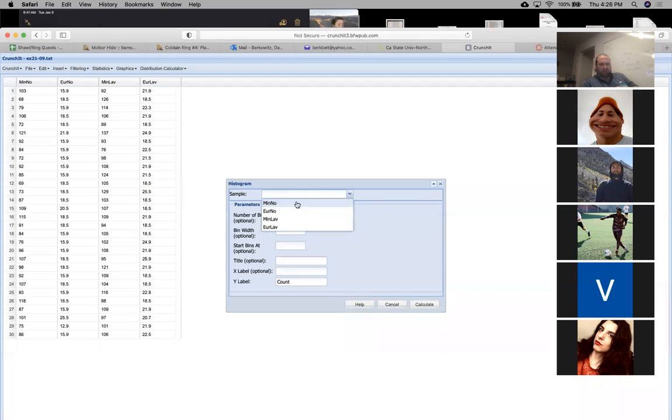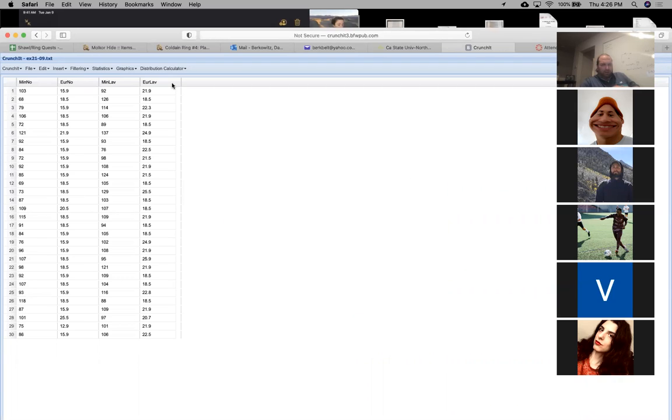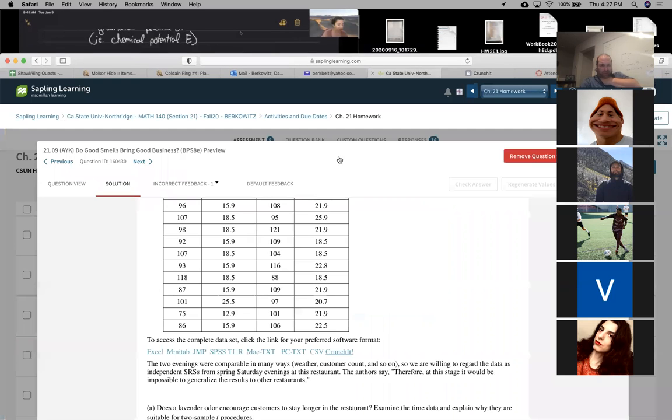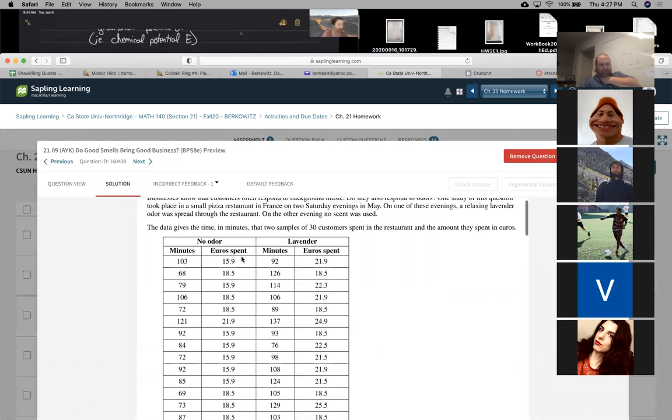What are these labels? Minutes and odor.